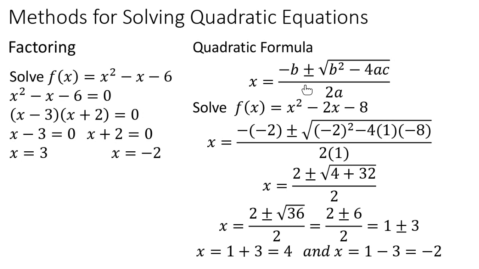You've got to make sure you use the correct parentheses to indicate the correct order of operations. For review, for those who want to use the quadratic formula and don't remember it, it's given by -b plus or minus the square root of b squared minus 4ac, all divided by 2a.